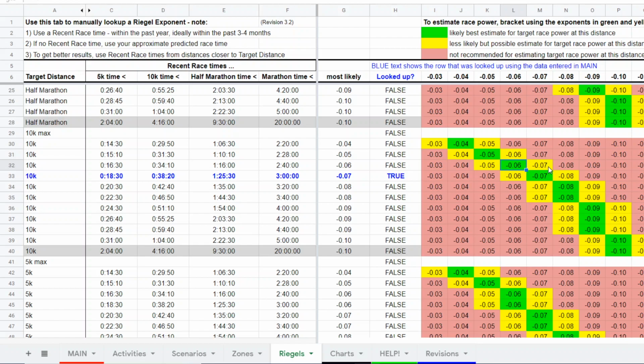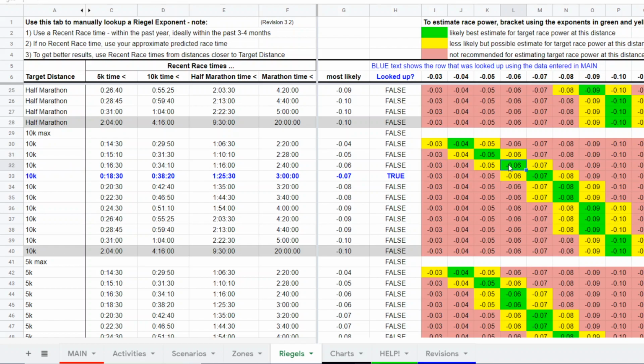Also considering what Riegel exponent is, the target race duration figures into it, and also the difference between the base duration and the target duration, what the difference is. Anyway, we sorted all that out, we put it in here, and so we're going to run this person based on his 5K time, and we're predicting a 10K.